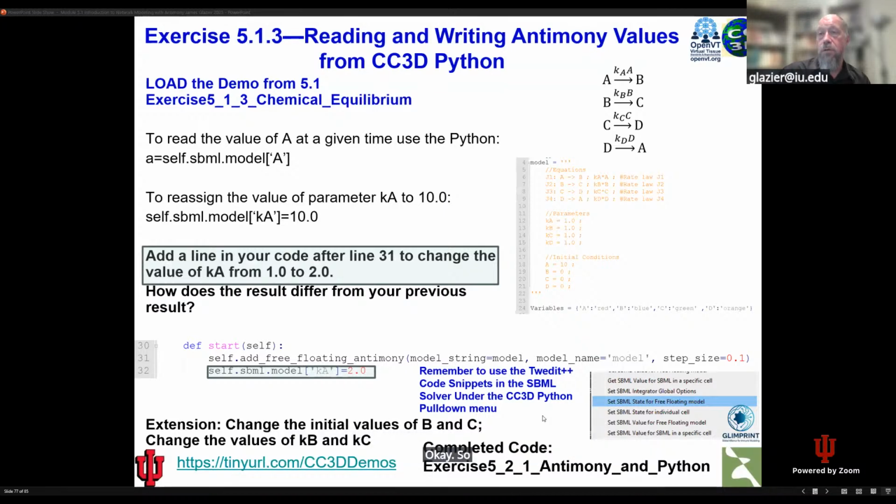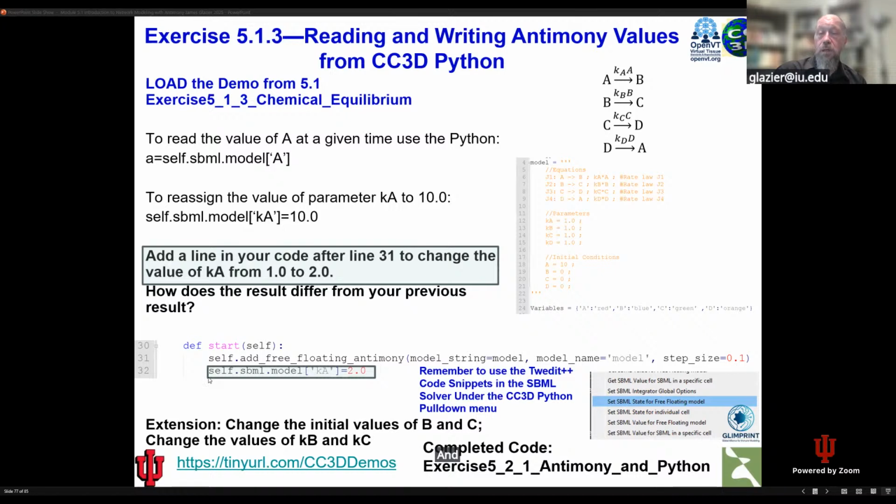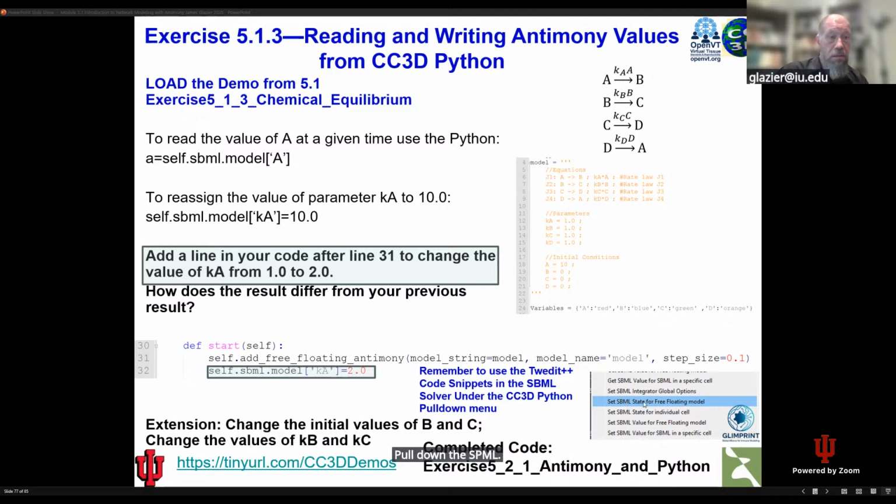So what I want you to do now to practice this is take the code you were just running and in line 32, add self.sbml.model square bracket quote Ka close quote equals 2. If you don't remember how to do that, pull down the SBML code snippets, find set SBML state for free-floating model.